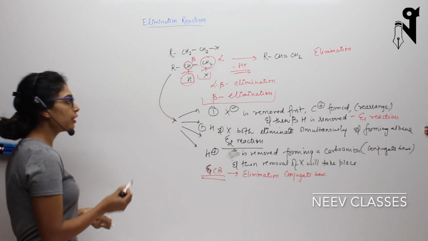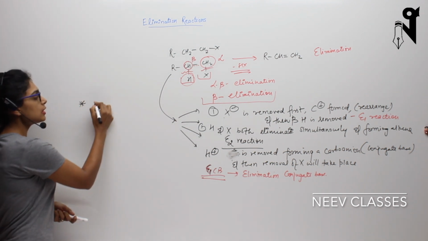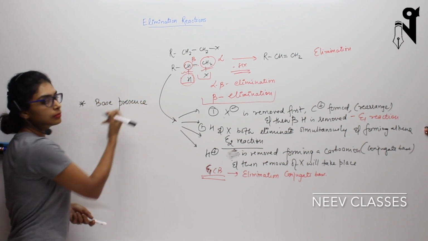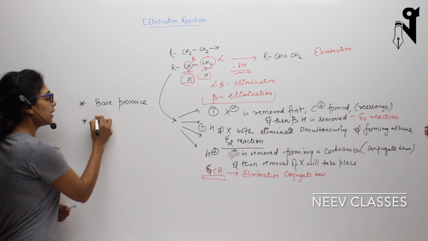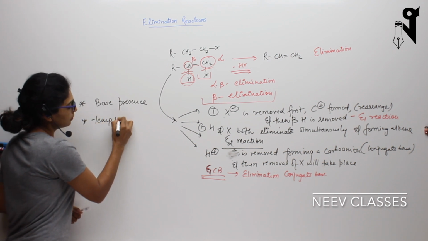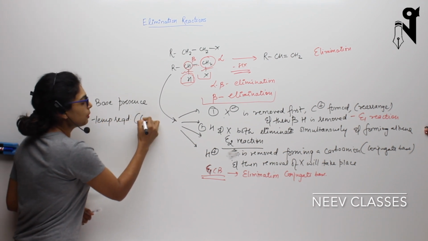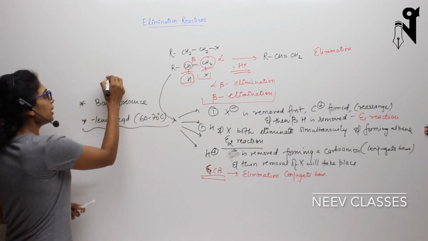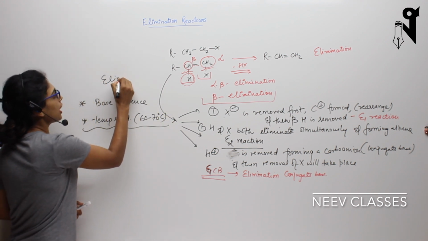So the two mandatory conditions are: first, the presence of a base, and second, temperature, which should be a minimum of 60 to 70 degrees. This is the mandatory condition for any elimination reaction to take place.